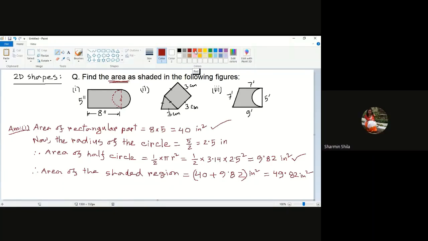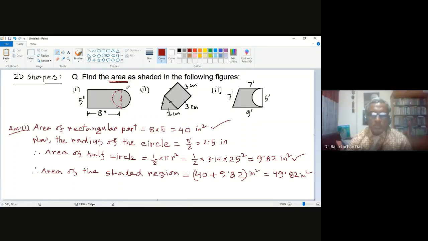So in circle, half of 2 pi r. So only pi r. Yes, you are right. So half of 2 pi r, that means only pi r. So this part, that is half of the circumference, will be half of 2 pi r. That means 2 cancel. So pi r. So you can find this out.